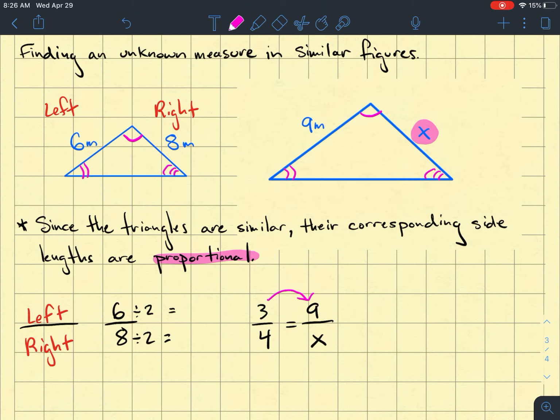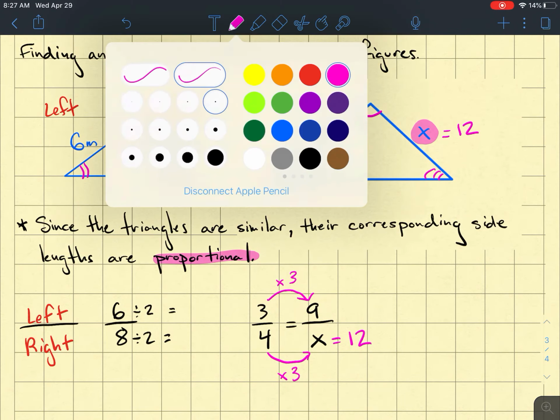How do I get from 3 to 9? Times 3. How do I get from 4 to x? Times 3. So what is x? 12. So the missing side length would be 12.